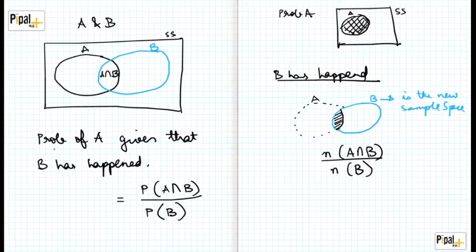So the probability of A given that B has already happened is going to be the probability of both A and B happening divided by the probability of B. And we write the probability of A given that B has already happened like this: A given B. So this is this symbol.